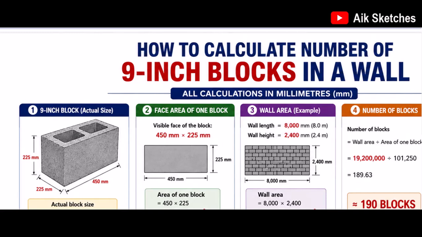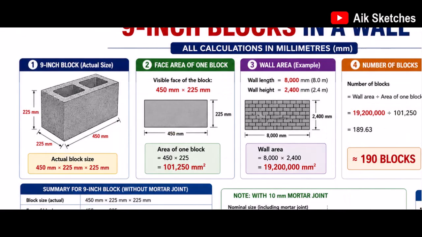So starting from the beginning, from number 1, you see the actual size of a 9-inch block. The actual size of a 9-inch block is 225 by 225 by 450 millimeter, or 225 millimeter by 225 millimeter by 450 millimeter.